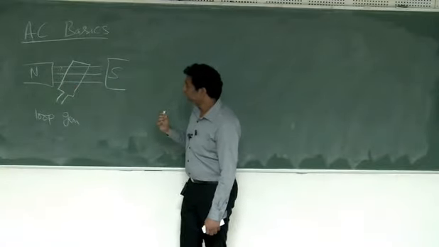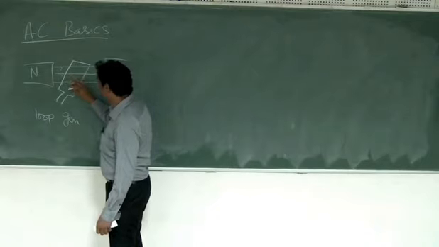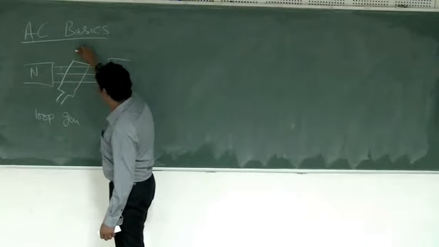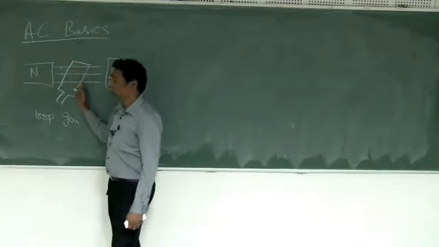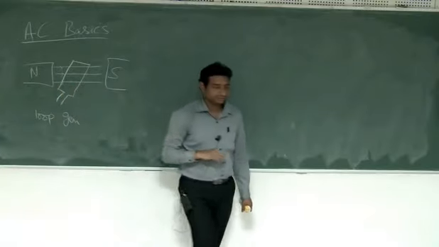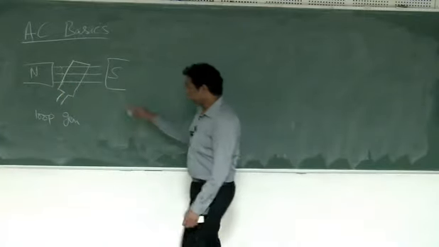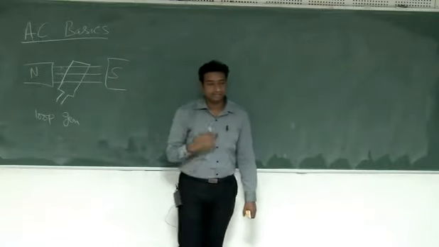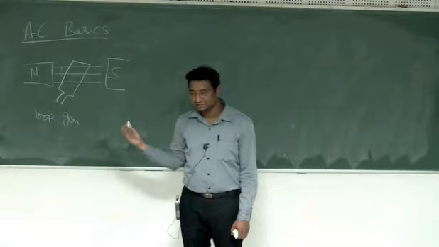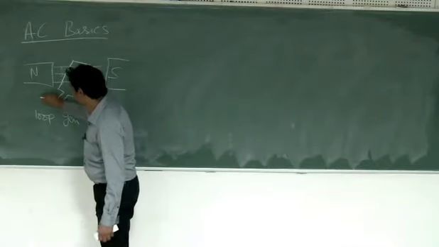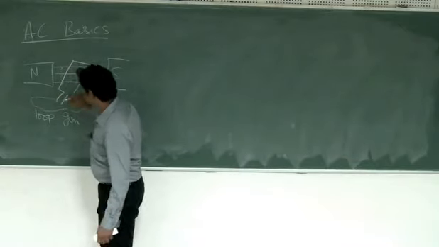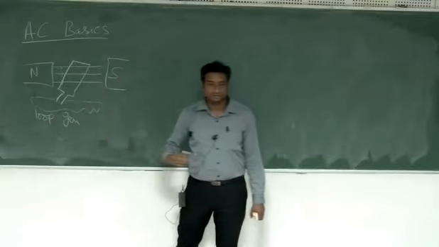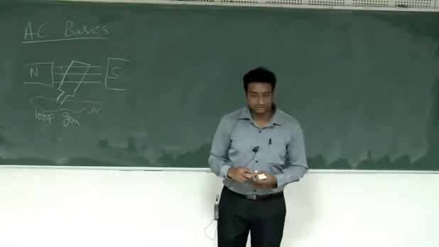Let's say the position of the wires is vertical, or perpendicular to the magnetic field. While it is rotating inside the magnetic field, an alternating voltage is generated in it, and if you close this with some kind of circuit, some resistance, you will get alternating current also.